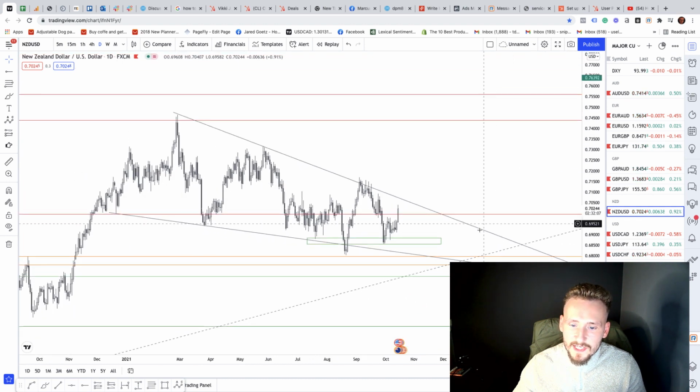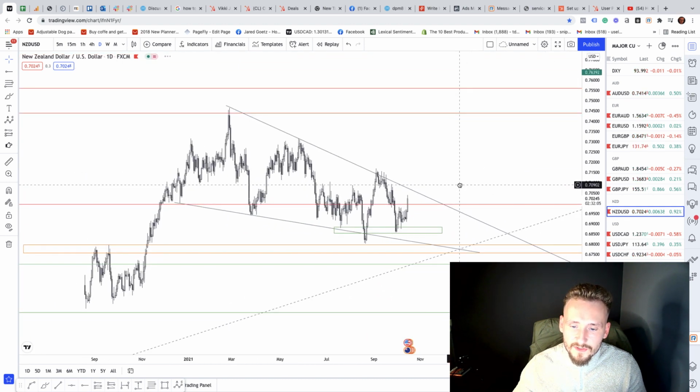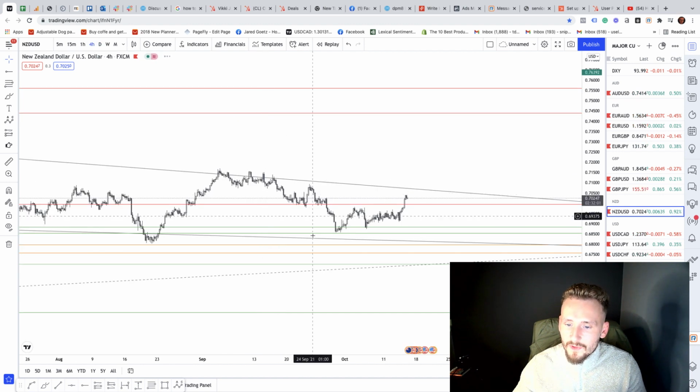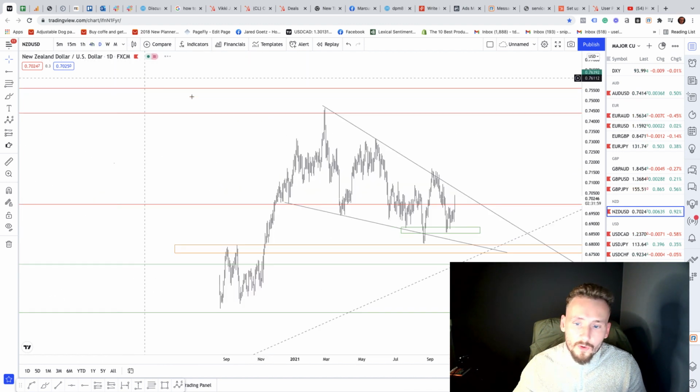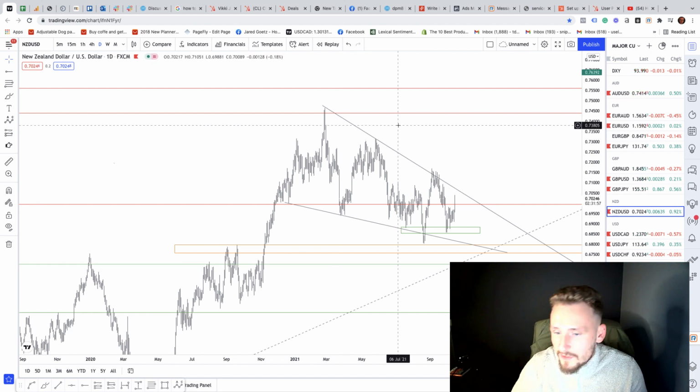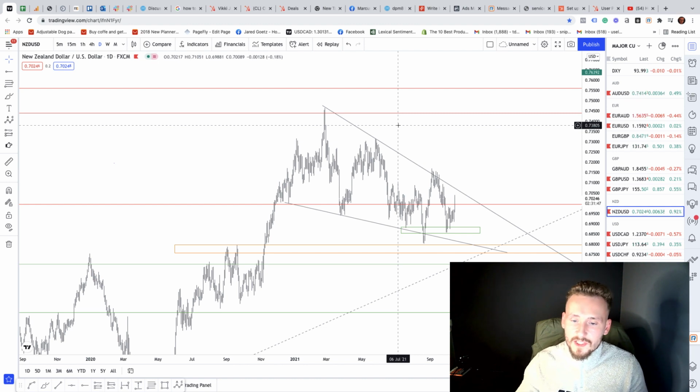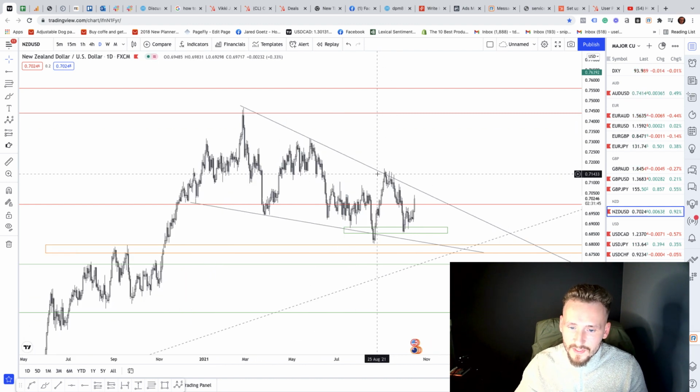So NZD USD, again, a little bit like Euro USD. If I was to say between these two, they're both really good setups, to be honest with you. I would try my best to pick a favourite, or maybe even just split your risk. If you risk 1%, you could do 0.5 and 0.5, but ideally you want to just be sticking to putting 1% or 2% or 3%, whatever you risk, into one specific trade and one specific setup, because typically they're going to move the same way.